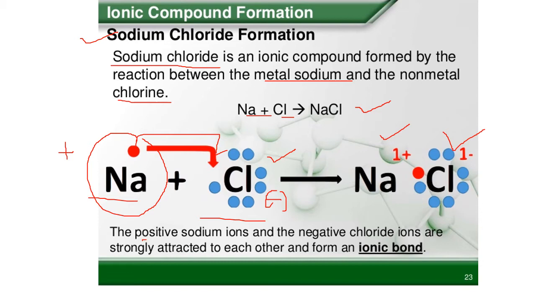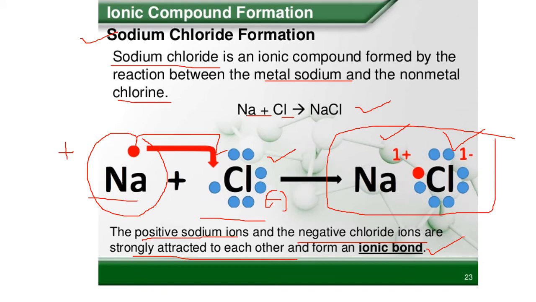Here the positive sodium ion and the negative chloride ion are strongly attracted to each other to form an ionic bond. This is how the transfer of electrons occurs in a chemical reaction. Here the sodium gave one electron to the chlorine and becomes positively charged, and as chlorine received one electron from the sodium, it becomes negatively charged.